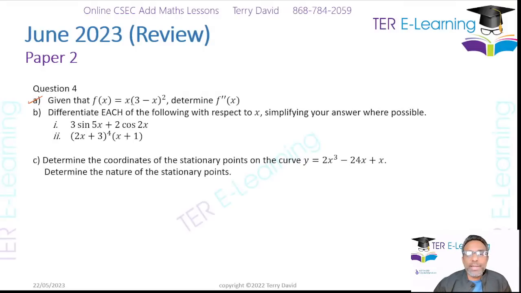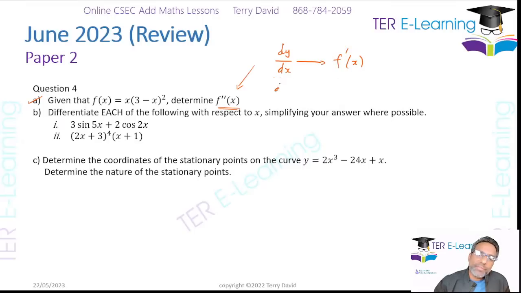So the first one here, we have f of x is equal to x open brackets 3 minus x squared, and you want to find this here. Now, in last year's exam paper, a lot of students didn't realize what CSEC was asking for in that question. You need to remember that dy/dx, or your first derivative, can also be written as f prime of x.